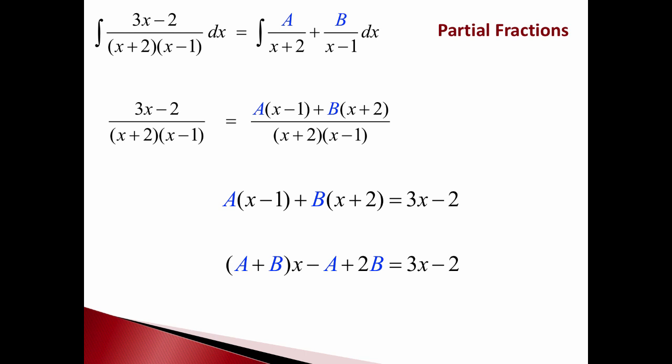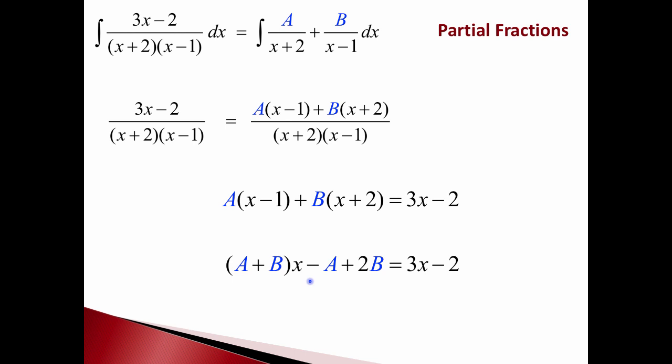I went ahead and collected like terms. If I take the a and distribute it through the x minus 1, that gives me an ax and a negative a. Over here I'd have a bx and a plus 2b. If I collect like terms, with the constants I'll have a negative a and a 2b. So negative a and 2b.